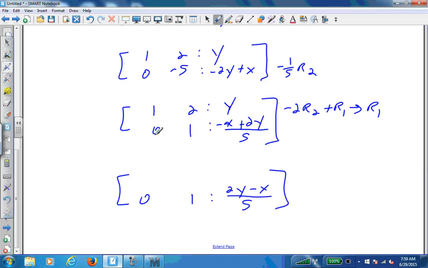So negative 2 times 0 plus 1, negative 2 times 1 plus 2, and then negative 2 times this, so negative 2 times negative 1, so 2x minus 4y over 5 plus the top one, and that yields our R1.